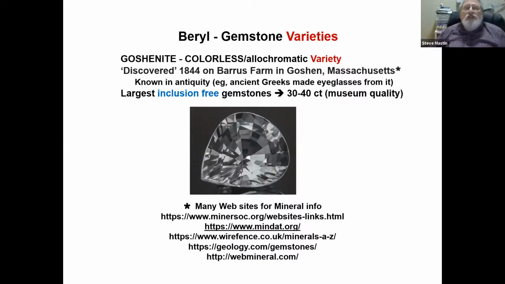But the largest inclusion-free ones, you can only cut at a maximum 30 to 40 carats worth of a gem, and those are museum quality. Usually what you see are less than 5 carats. Now, for those of you who don't remember, a carat is a fifth of a gram. All right, you know how small a gram is.